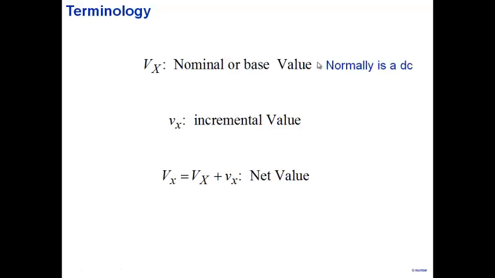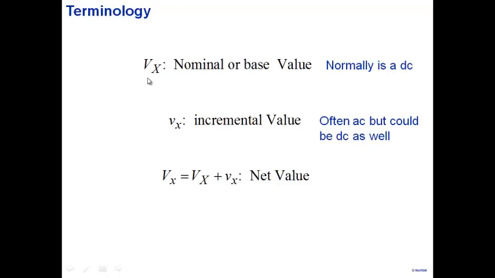Normally in my circuit I have some DC voltages and currents, so the base or nominal value is a DC. Then in amplifiers especially, we'll add an AC or small signal. So this will often be an AC, but it could be anything.